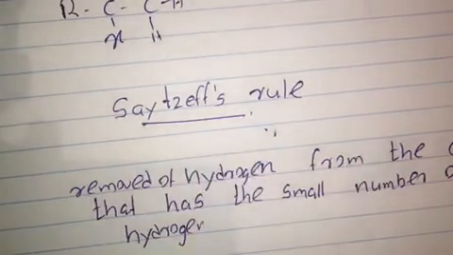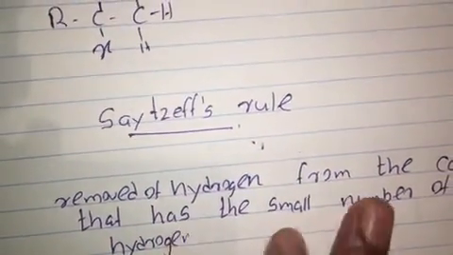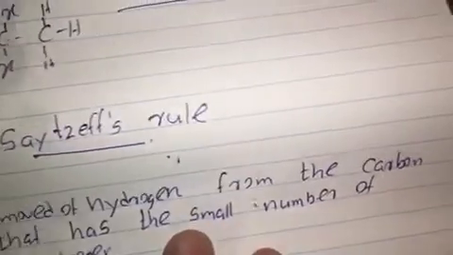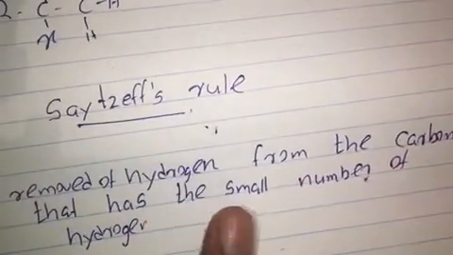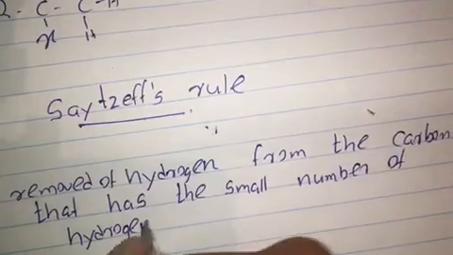According to the Saytzeff rule, hydrogen is removed from the carbon that has the smaller number of hydrogens.